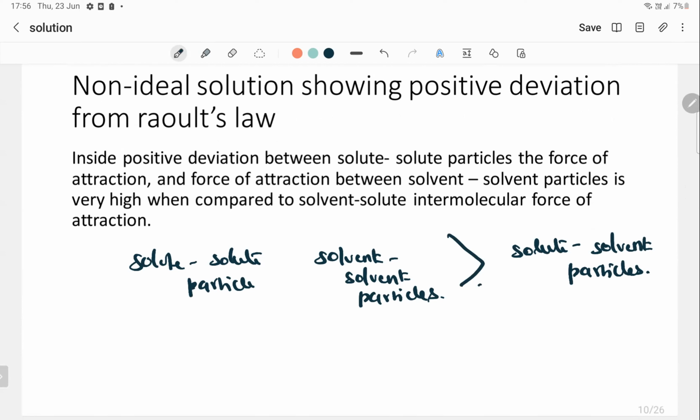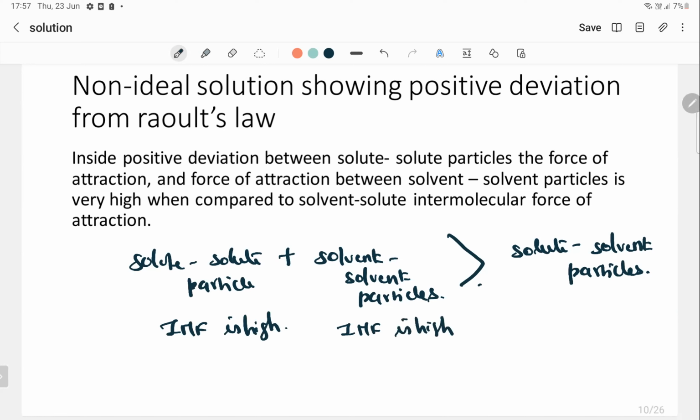Written in this way, now you can read the statement and understand it. Inside positive deviation, the intermolecular force of attraction between solute particles will be high. In solvent particles, the intermolecular force of attraction is quite high.